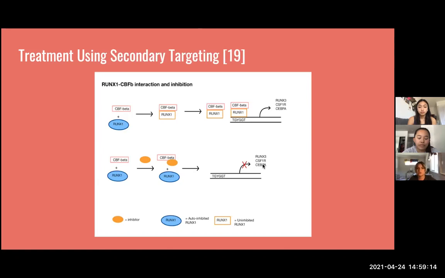So in that first row, you can see the normal interaction between core binding factor beta and RUNX1. And then on that second line, you see Ro5-3335 inhibiting the interactions between RUNX1 and the core binding factor beta. And so those mutations can't even occur because the binding doesn't even happen. This has been successful in some zebrafish and other model organisms that have been proven to be good with AML trials.